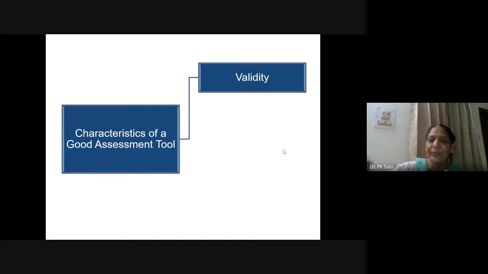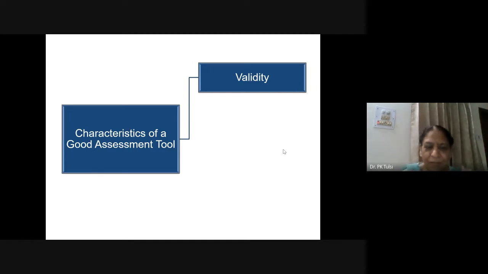All 6 levels of learning outcomes need to be assessed, but there may be courses where you don't go beyond applying. Then remembering, understanding, and applying need to be included. So for validity, if you have learning outcomes for all the 6 levels, all 6 level types of questions should be there to assess the learning outcomes. If it is restricted to 3, then those 3 levels may be assessed.